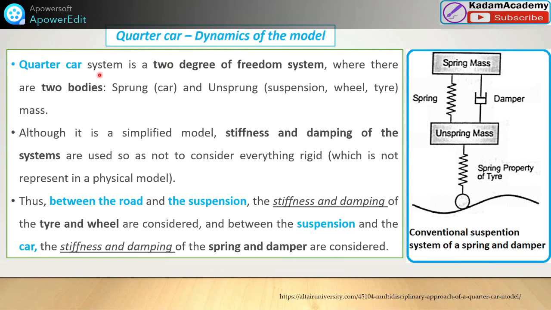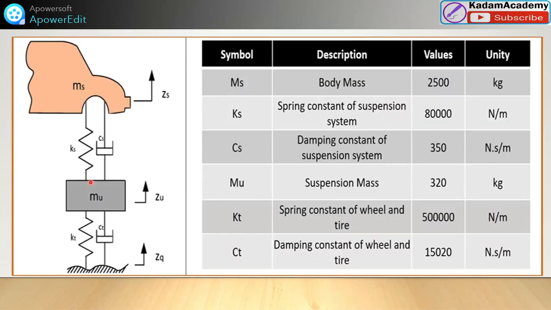We learn how the physical system of the car is converted into a quarter car, a 2-degree-of-freedom system considering the sprung and unsprung masses, represented in the mathematical model. From this model we can easily derive the equation of motion and find the frequency of our system.